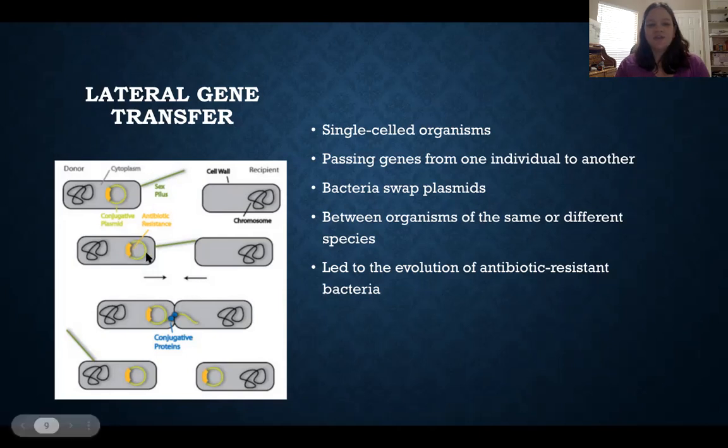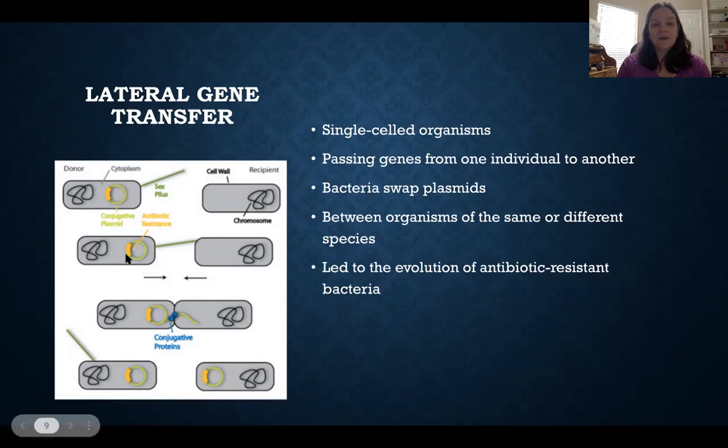It's specifically this plasmid that they tend to share. On this particular plasmid, this bacteria has a gene for antibiotic resistance. That means antibiotics are not going to affect this bacteria like they would other bacteria. Remember, antibiotics are what we take to kill bacteria when we have an infection.